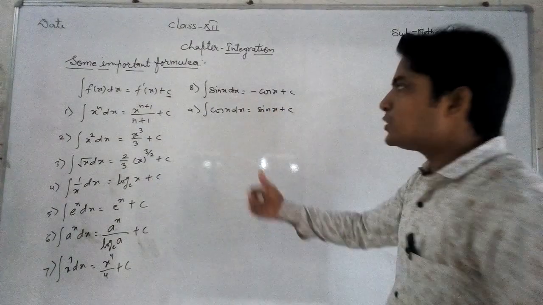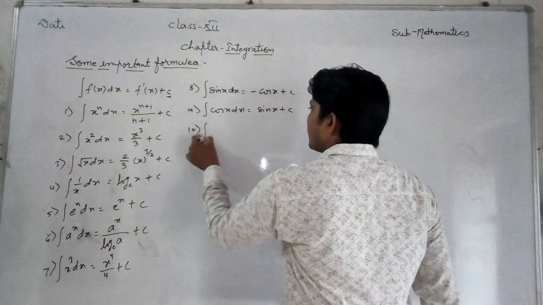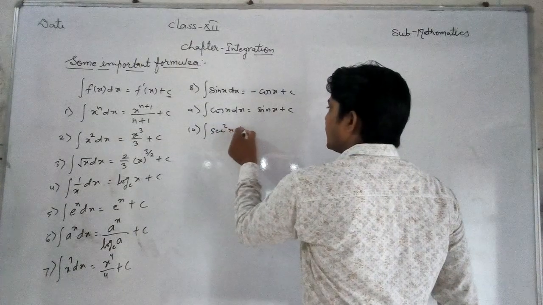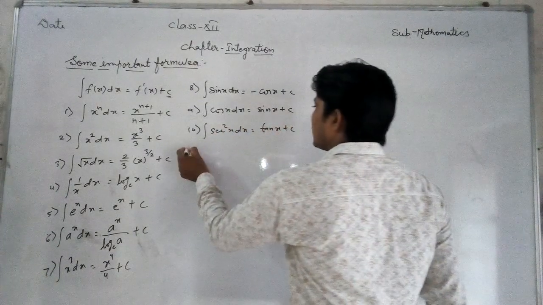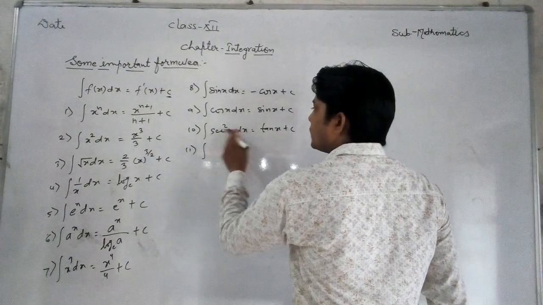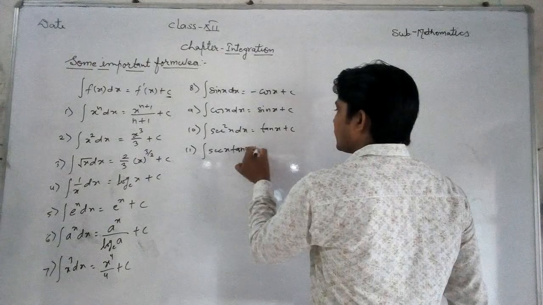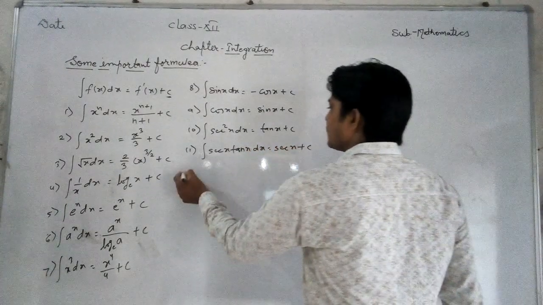It's totally the opposite of differentiation. Now the integral of sec square x dx is tan x plus c. Similarly, the integral of sec x tan x dx is sec x plus c.